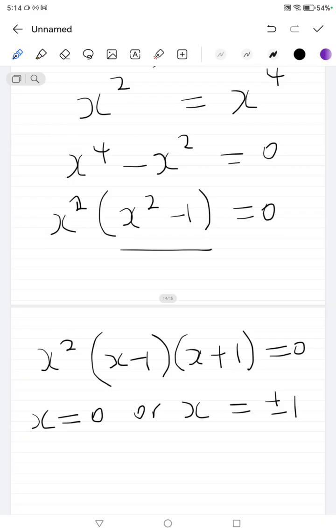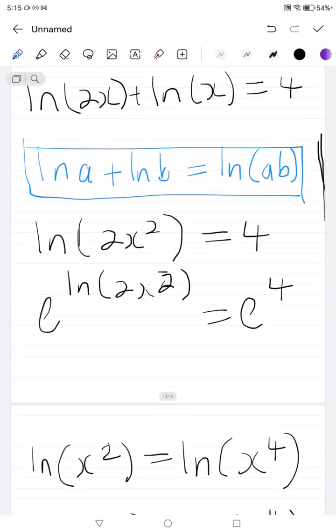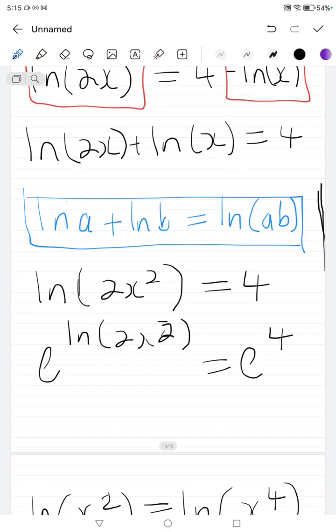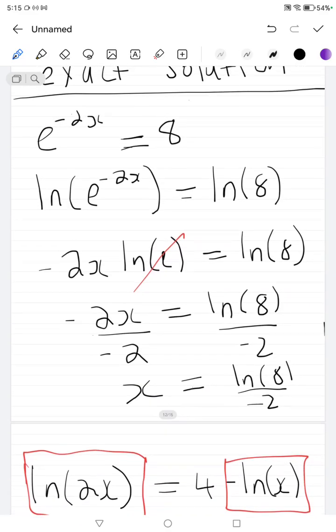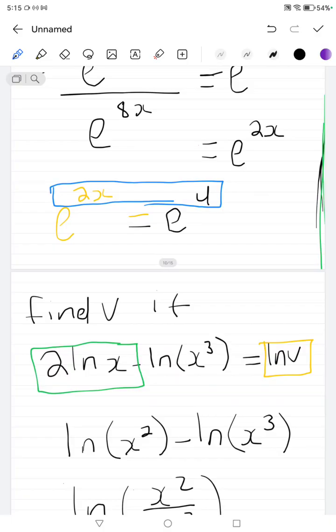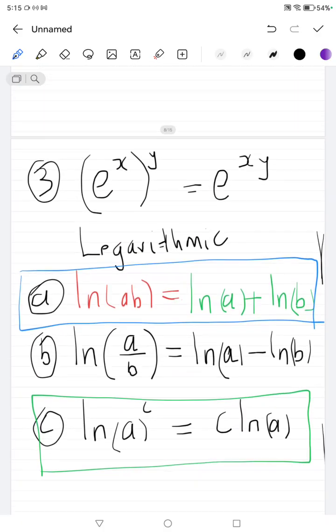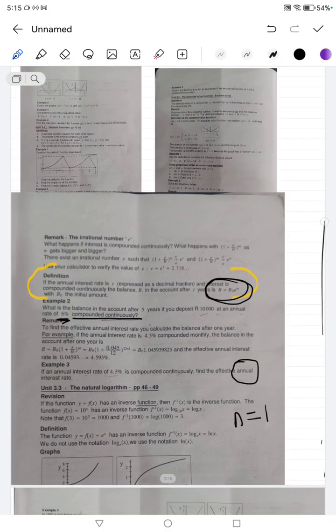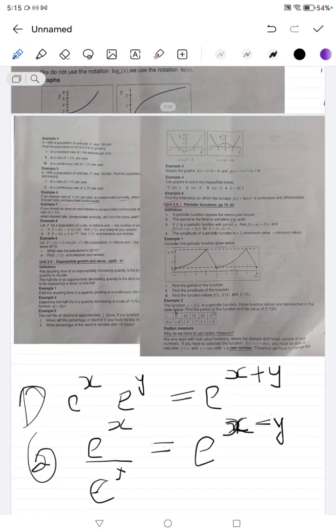Because I rearranged my examples, I'm supposed to be having them also that side. Okay, let me do this answer. 3.4.